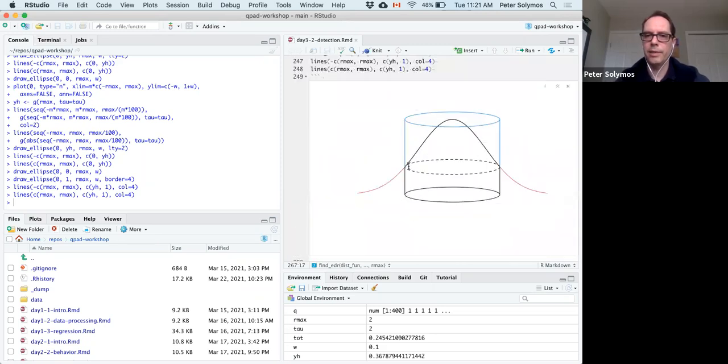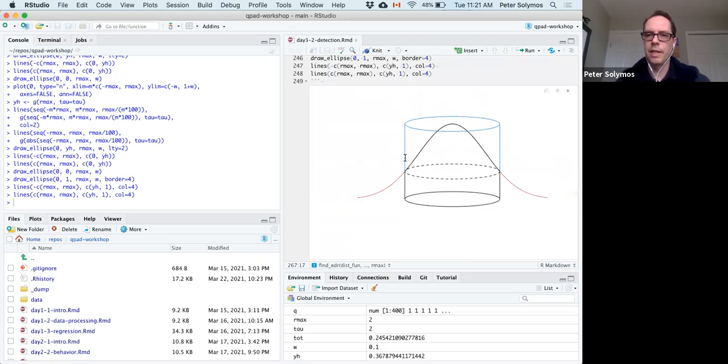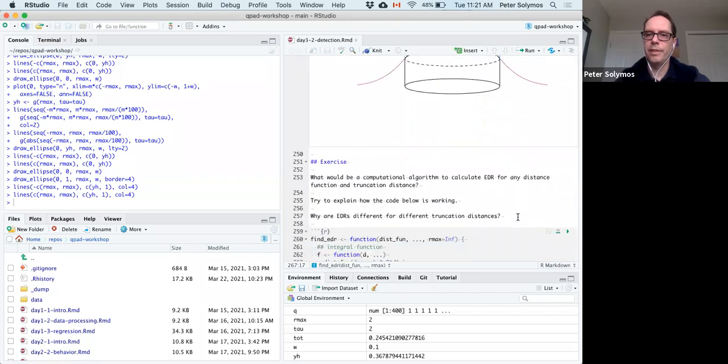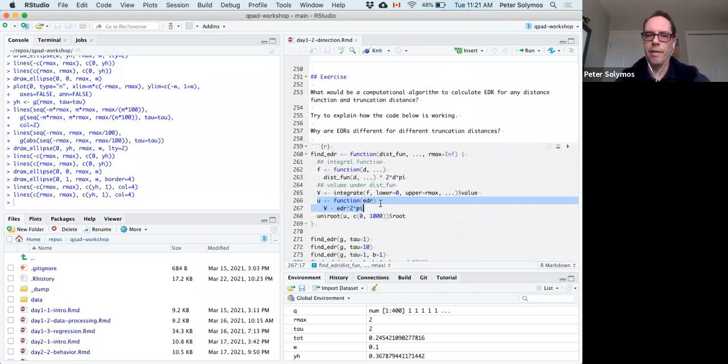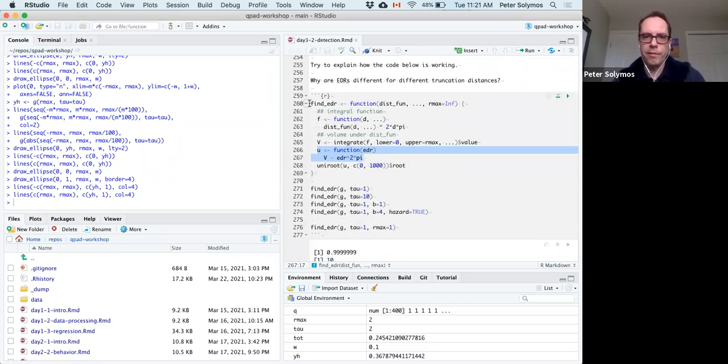Again, linking back to this concept of calculating this volume versus the outside volume. And if we equate the two, then we can see the distance is supposed to be 0. Where the distance is 0, that's where we find our root, which is our EDR. So this is what the function does.